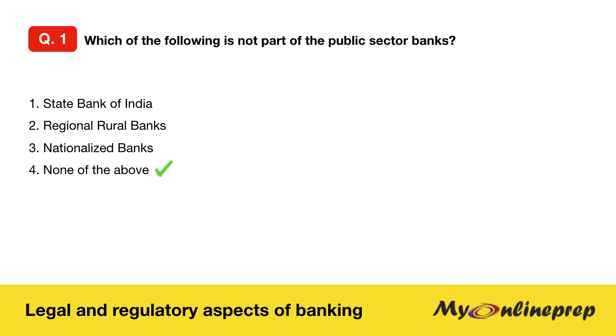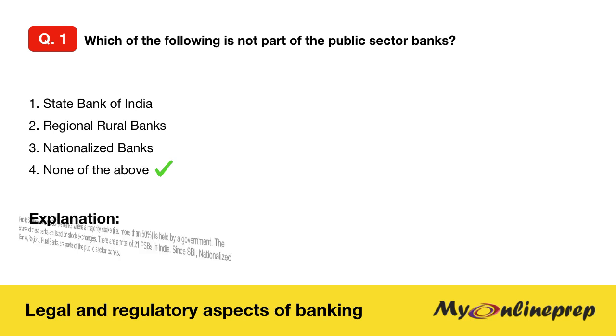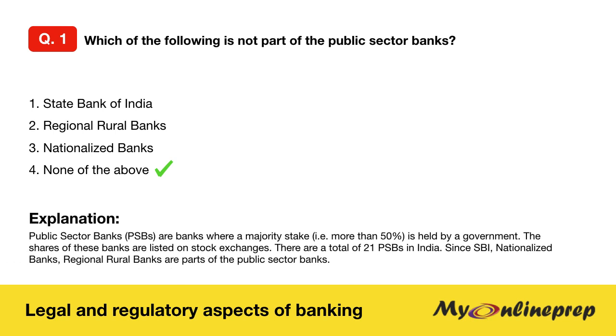Of course, it's none of the above, because public sector banks are banks where a majority stake, that is more than 50%, is held by the government. The shares of these banks are listed on a stock exchange. There are a total of 21 PSBs in India, since SBI, nationalized banks, and regional rural banks are part of the public sector banks. Correct?